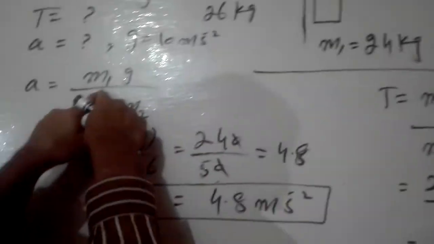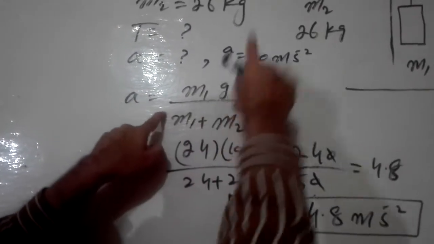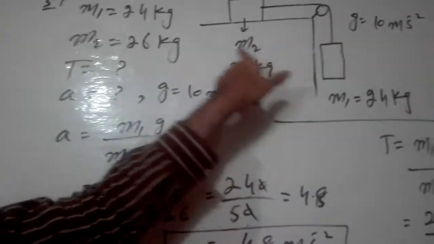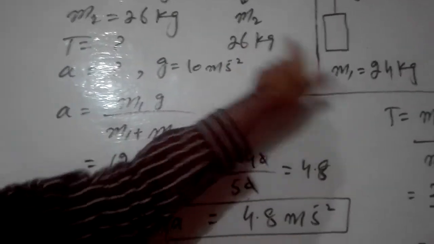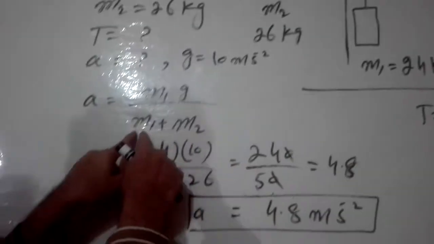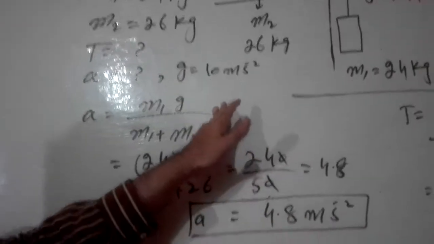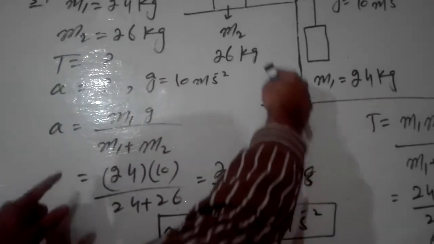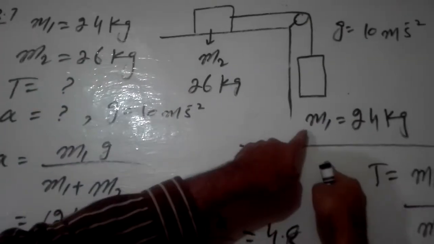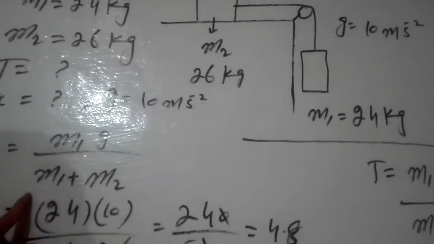That's why m1 is only here, multiplied by g. Down there you divide by the sum of these two masses. In all the four formulas you divide by the sum of m1 and m2. I can repeat this: because vertical motion is only for m1, m1 into g comes up, and down there the sum of the two masses.